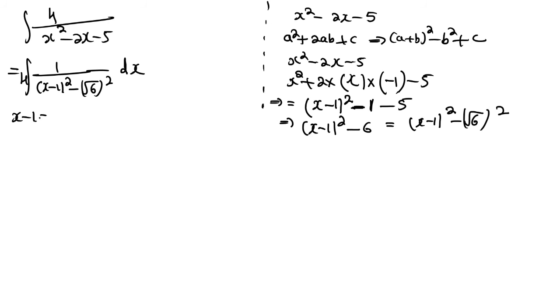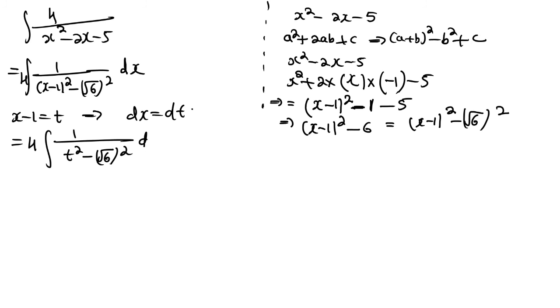Next, x minus 1 equal to t. This implies dx is equal to dt also. So your form will become 4 into 1 by t square minus root 6 square, with dx equal to dt. We know the standard formula, integration of 1 by x square minus a square into dx.